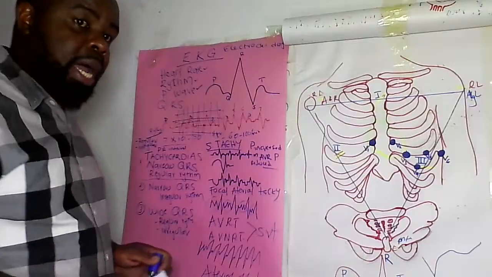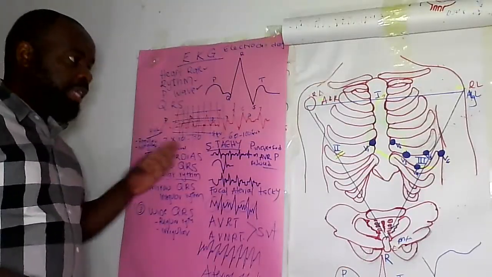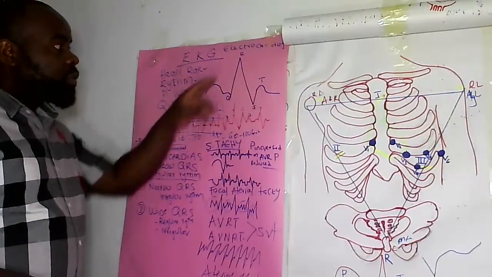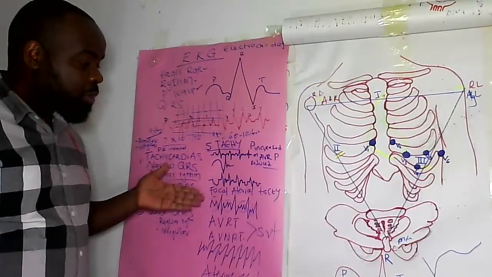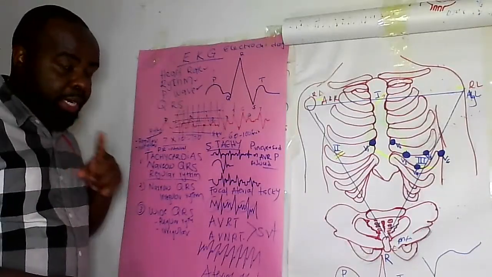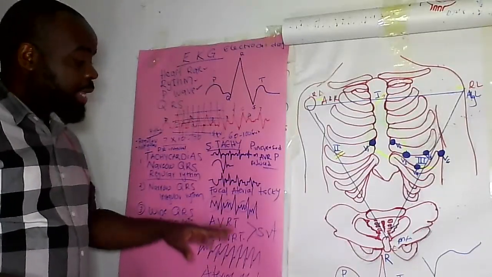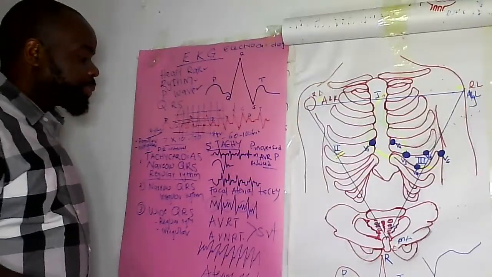So that is how you can see this patient has tachycardia because of the narrow QRS, while wide complexes are bradycardias. That is how we diagnose sinus tachycardia.